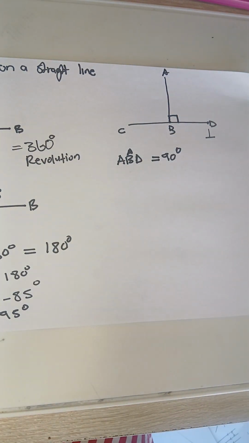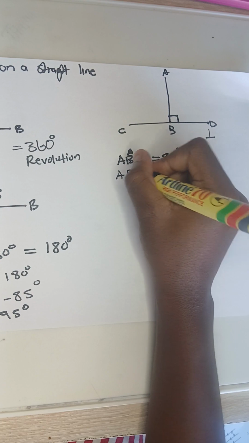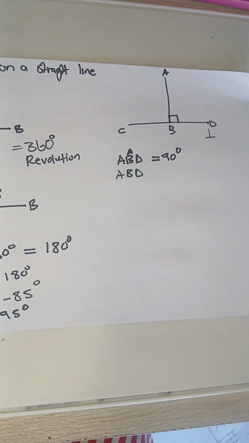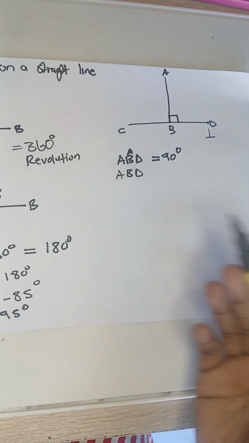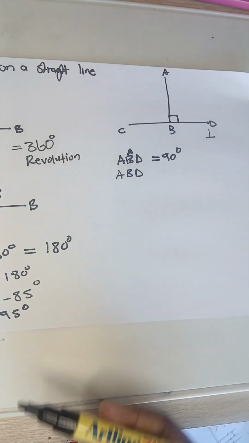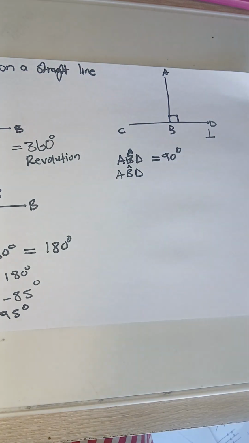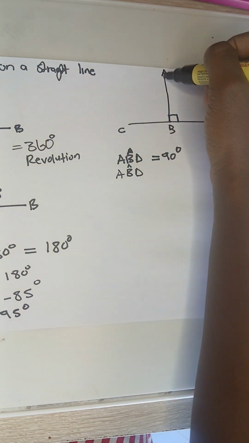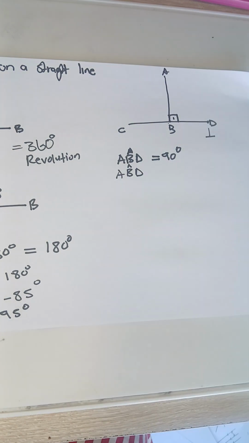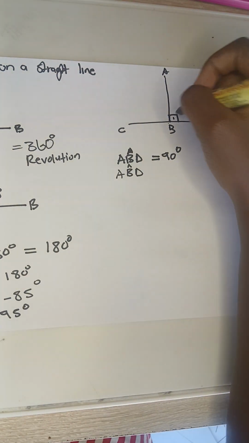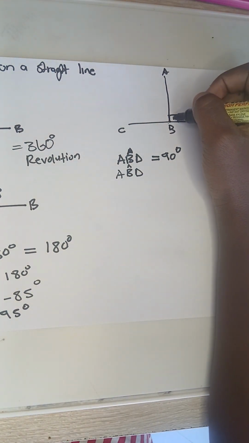With the angle that we are talking about, you must always show it, and it must always be in the middle. Always. If you just say A, B, D, it's wrong. This means a triangle. Maybe you're trying to tell us which triangle, ABD. But if you say ABD and put this symbol, now we can know that you are talking about this angle here, because this angle doesn't have a number.